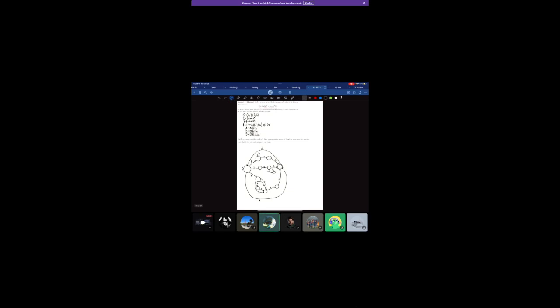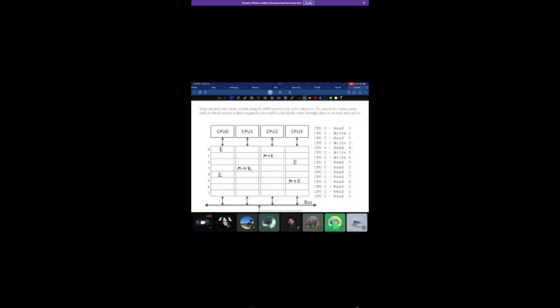Same thing. Same thing. Right? CPU 1, we read 7. We don't have it. There you go. All right. CPU 0. Oh, wait, sorry. Wrong CPU. Okay.